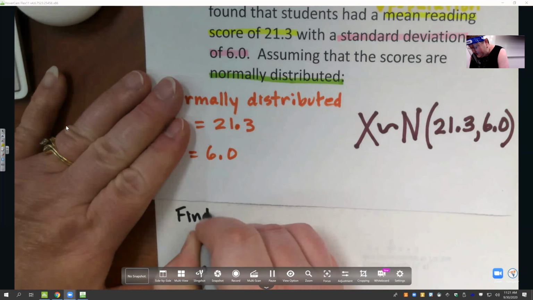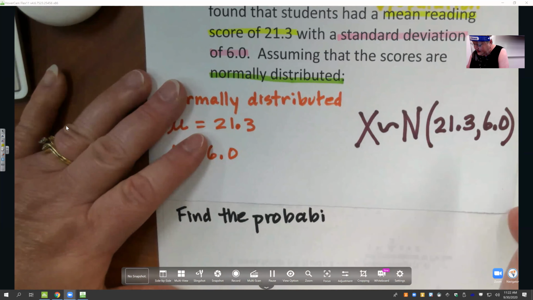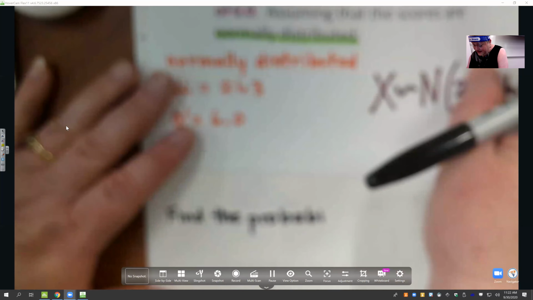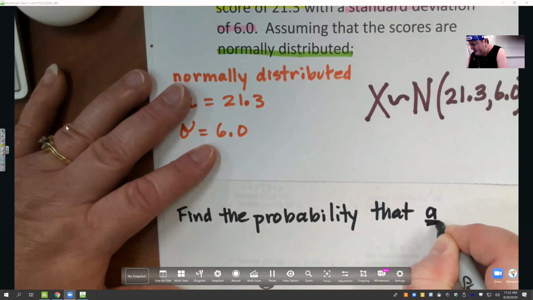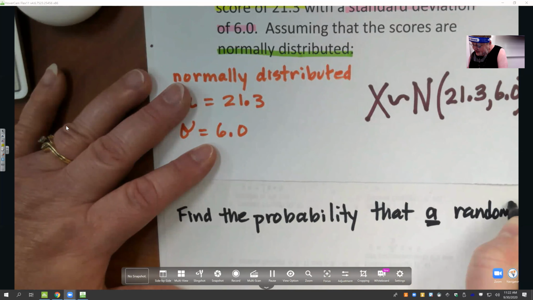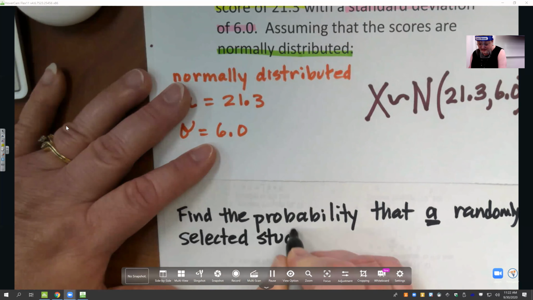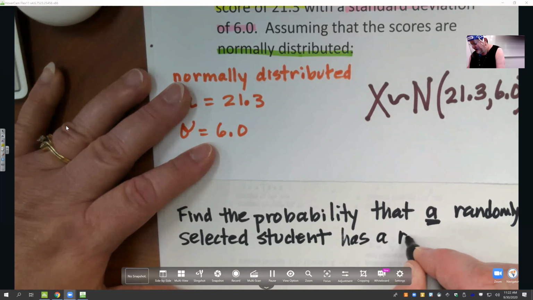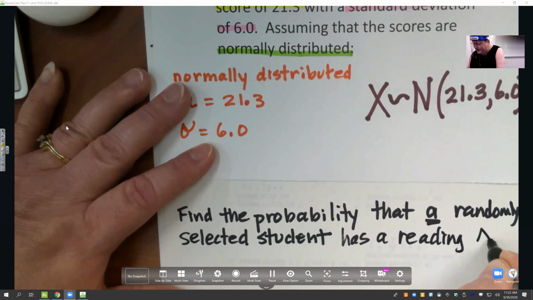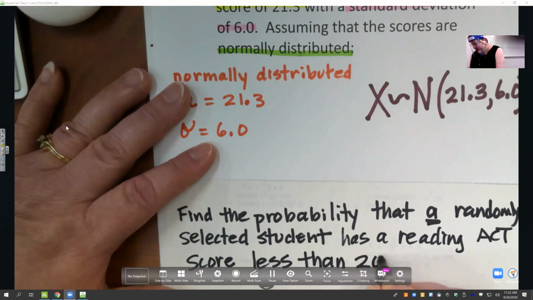Find the probability that a randomly selected student has a reading ACT score less than 20.